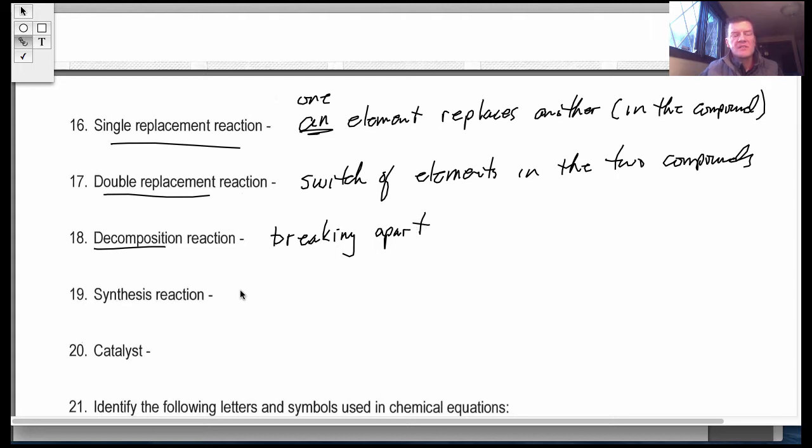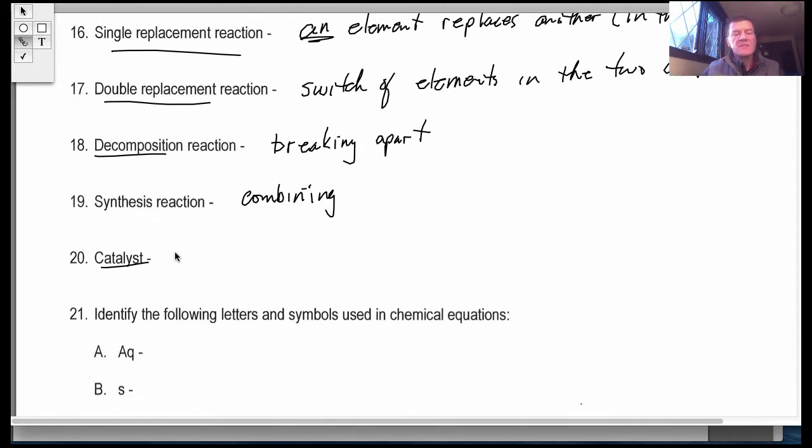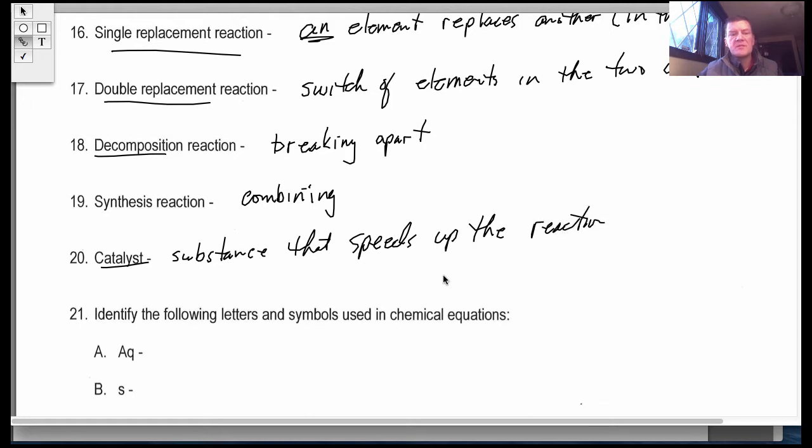And synthesis is combining. A catalyst is basically a substance that speeds up the reaction. Okay? Speeds up the reaction, but it's not consumed. It's not part of the products. It's not used.